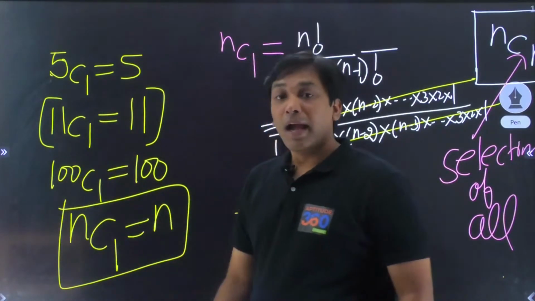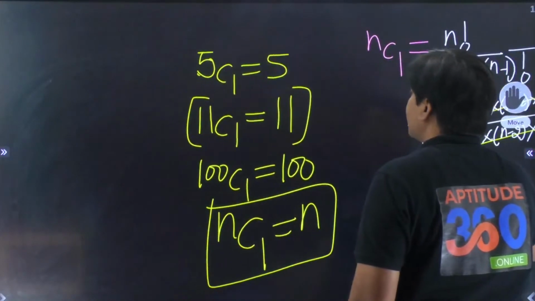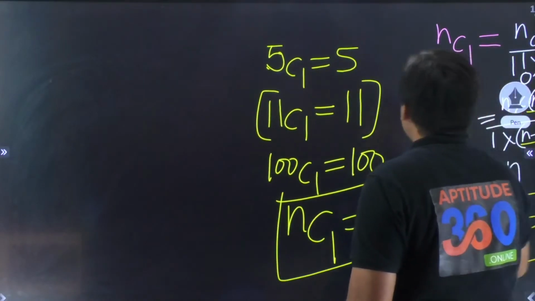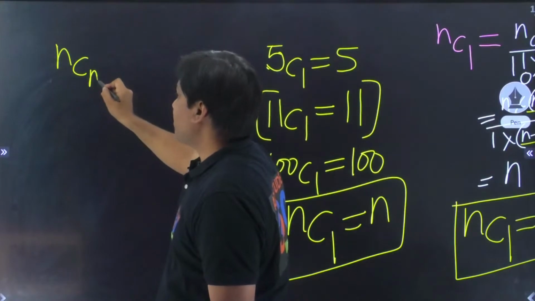Now, if you're understanding this thing, let us move ahead and try to understand the meaning of nC(n minus 1).